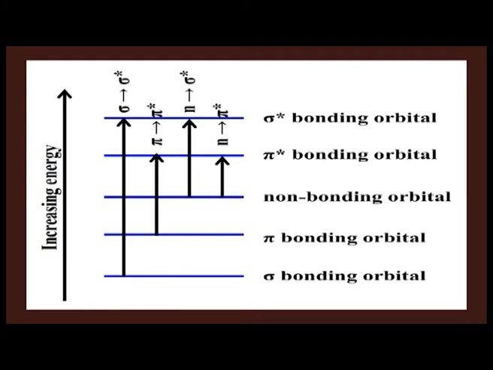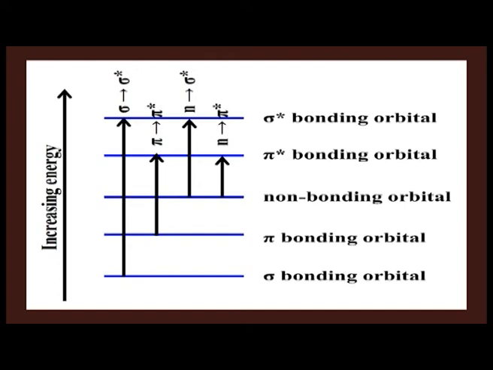Similarly, the pi to pi star transition is an excitation of an electron from a pi bonding orbital to a pi star anti-bonding orbital. Additional n to pi star or n to sigma star transitions are possible in molecules having a lone pair of electrons. These transitions take place from a non-bonding orbital to a pi star anti-bonding orbital or sigma star anti-bonding orbital respectively.